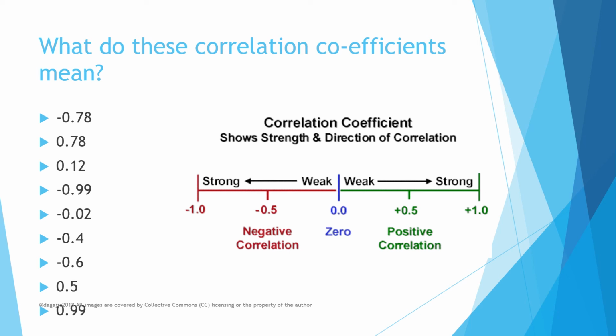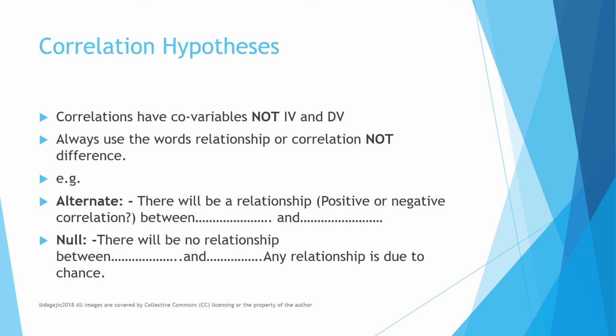Minus 0.6, we'd probably say that that was a moderate negative correlation. 0.5, again, a moderate positive correlation. And finally, 0.99 would be a strong positive correlation.